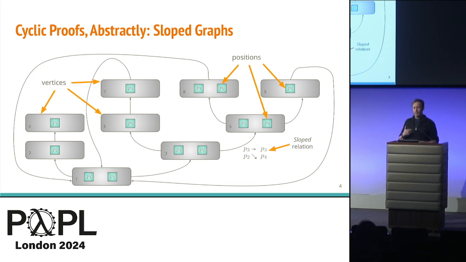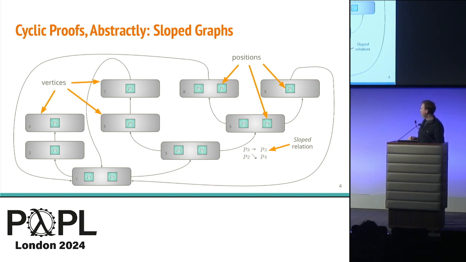We also have to capture this notion of being able to trace elements through the logical statements in the proof, and we do this by associating a collection of abstract entities that we call positions with the vertices. The other piece of information we need is to know the relationship between these positions through the paths in the proof.